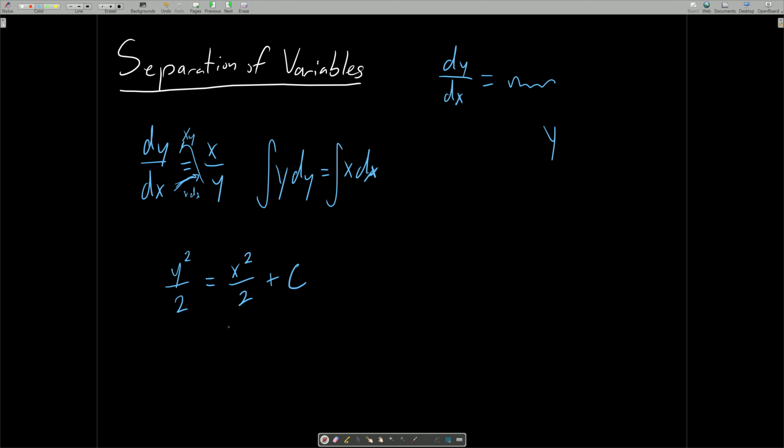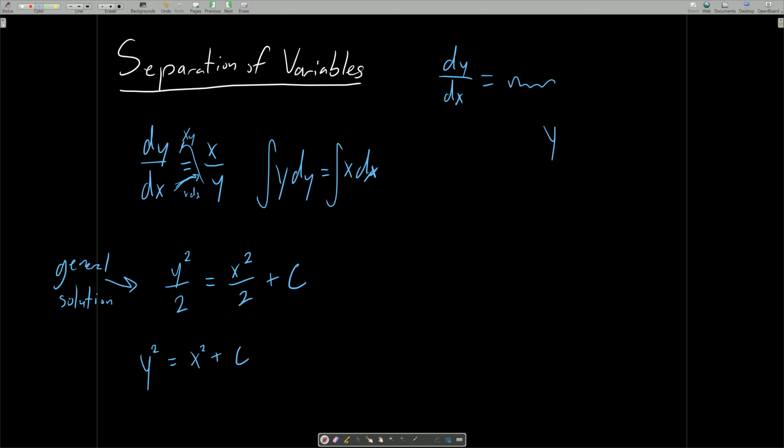And what this is right now is a general solution. So this could work for any value of c. We could solve this out more if you want to.